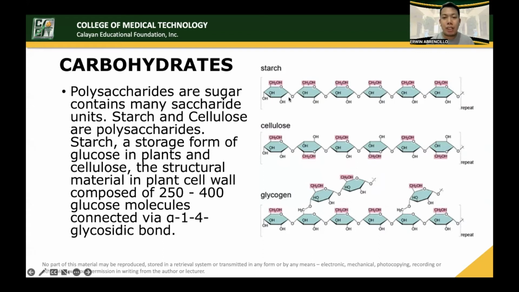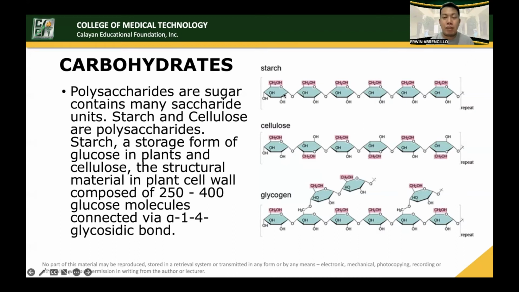So the glycosidic bond, this one, connects the two glucose, there you go, and then repeat, meaning to say that it is a chain. No, it is a polymer, a polysaccharide. It is a continuous chain of around 250 to 400.